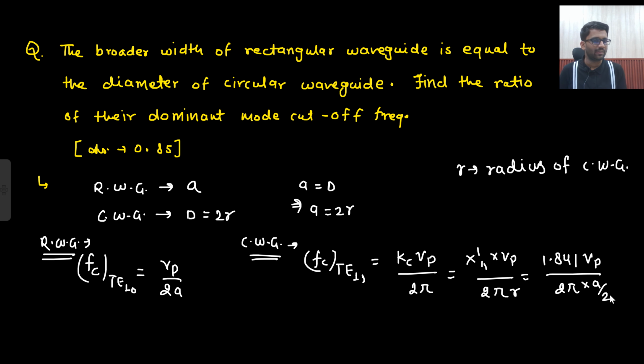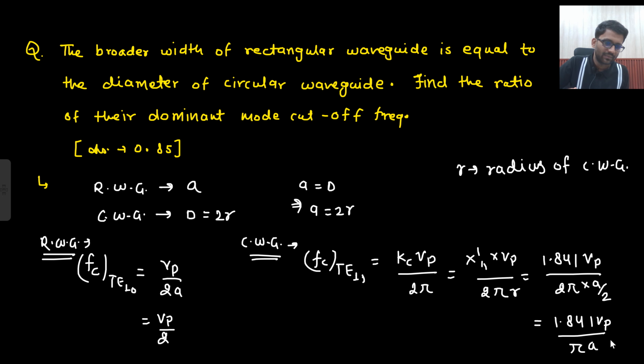So here a by 2. So what we are getting here is Vp by 2a for the rectangular waveguide, and here 2 and 2 get cancelled, so 1.841 Vp divided by pi a. Here it is Vp by 2a.